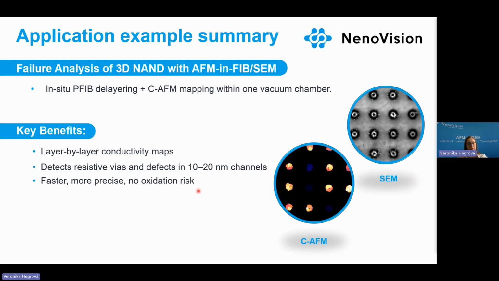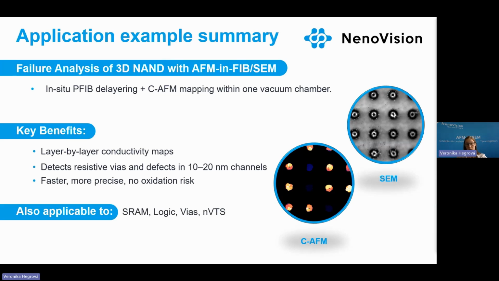It enables us to detect resistive vias and defects in 10 or 20 nanometer channels. And simply it's faster, more precise, without the risk of contamination or oxidation. This solution is applicable as well to smaller structures such as SRAM, logic, vias, and so on.